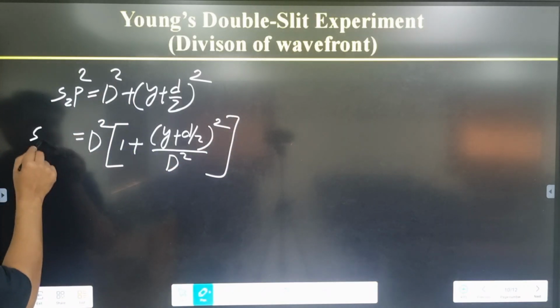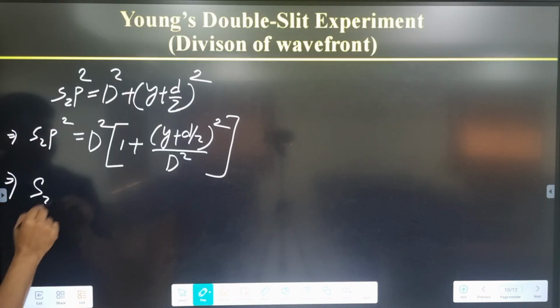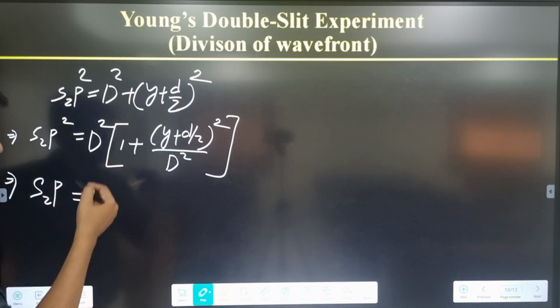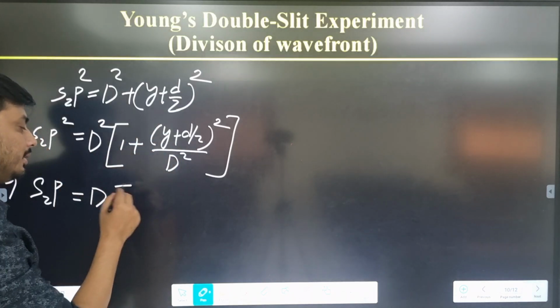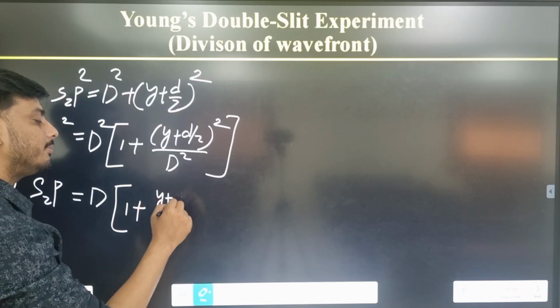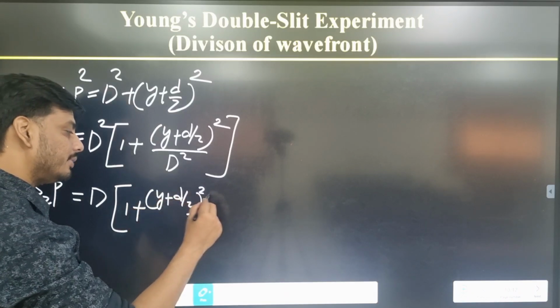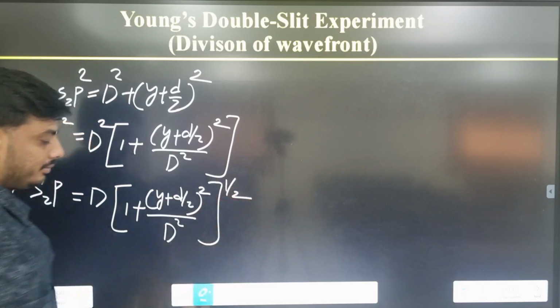And this is S2P square, but our need is S2P, so we take the square root. On the right-hand side this will be capital D, and here the square root term 1 plus (Y plus D by 2) whole square divided by capital D square, to the power 1 by 2.